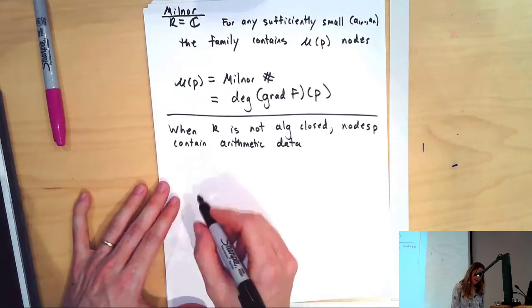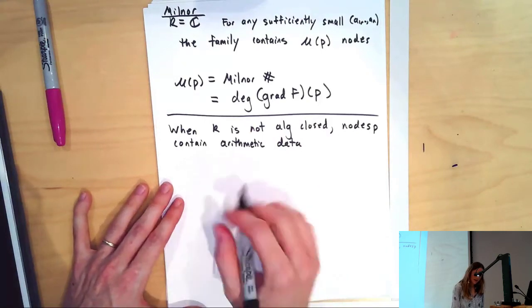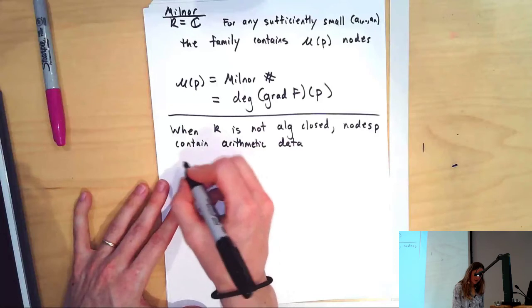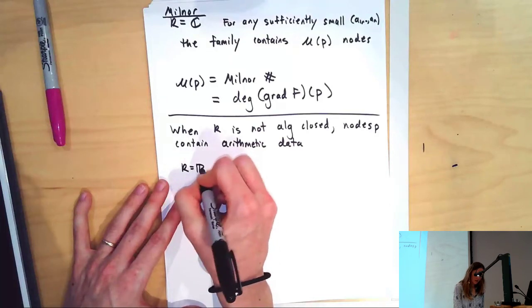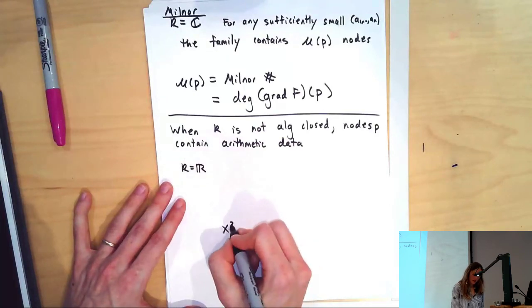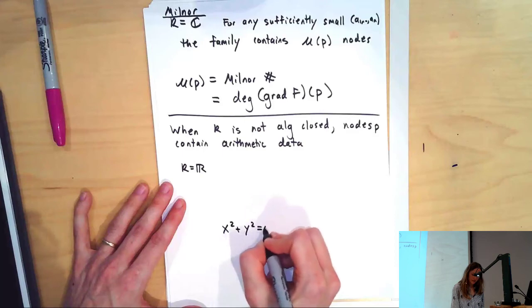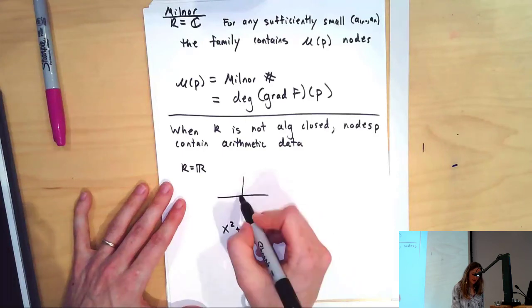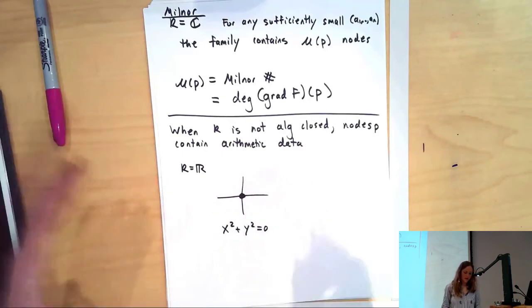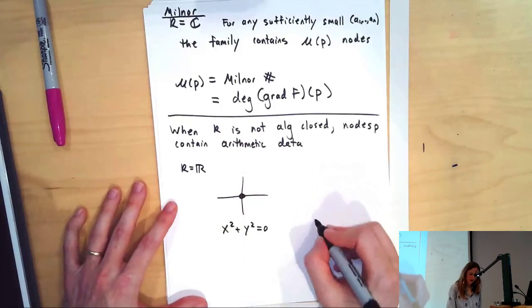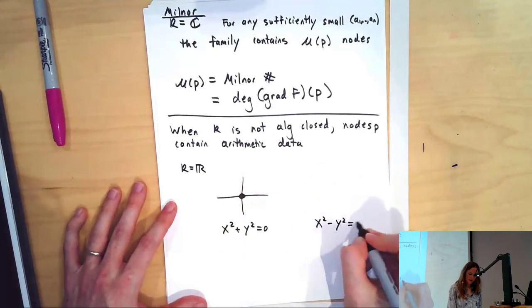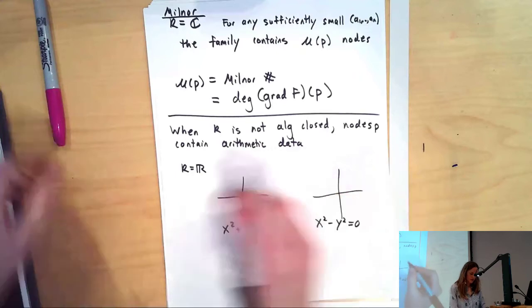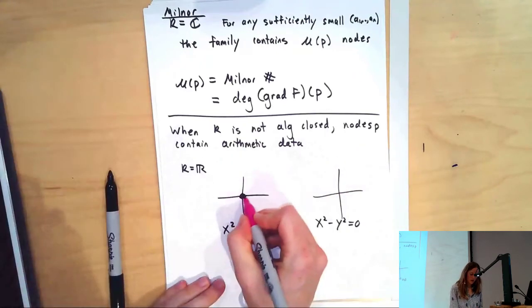For example, k equals R: we have the node x squared plus y squared equals 0, which is just the dot, and x squared minus y squared equals 0, which is two lines.